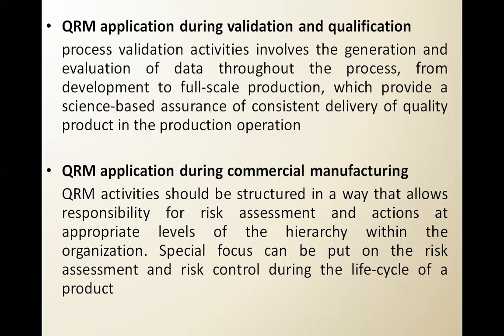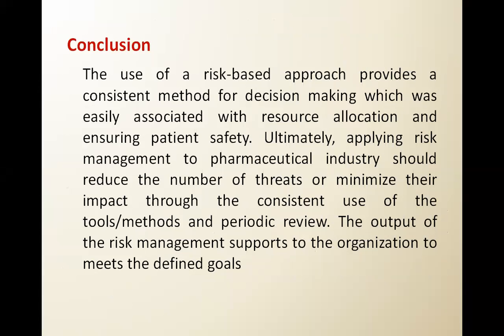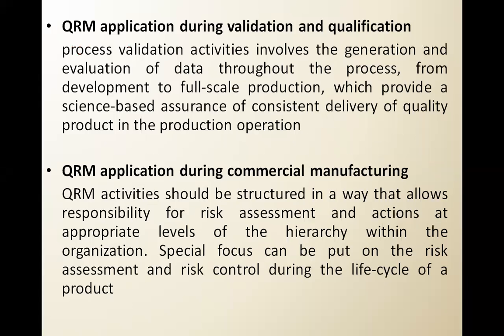Then the QRM activity should be structured in a way that allows responsibility for risk assessment and actions at appropriate levels of the hierarchy within the organization. Special focus must be there on risk assessment and risk control. And lastly, QRM application during commercial manufacturing.